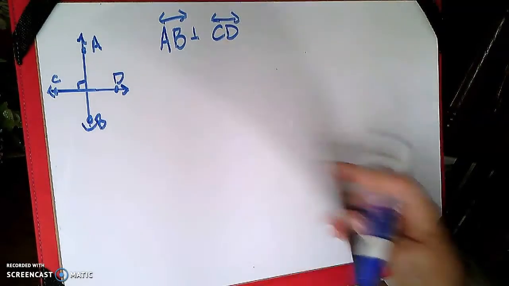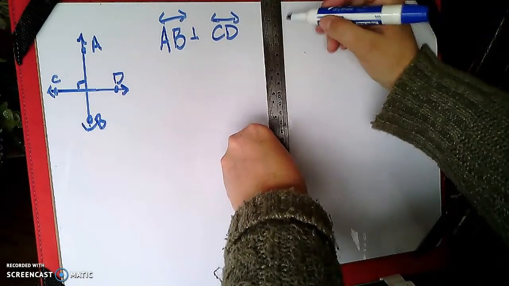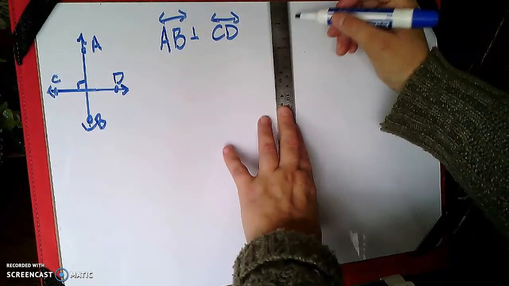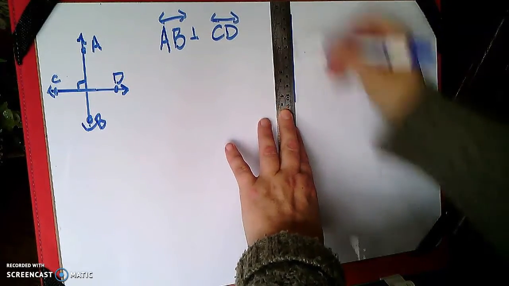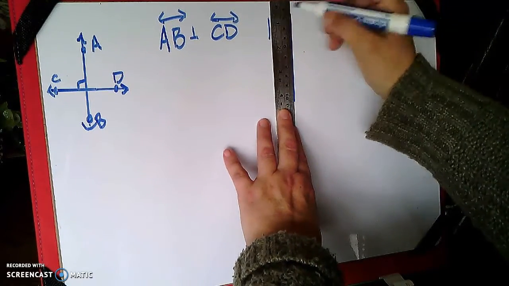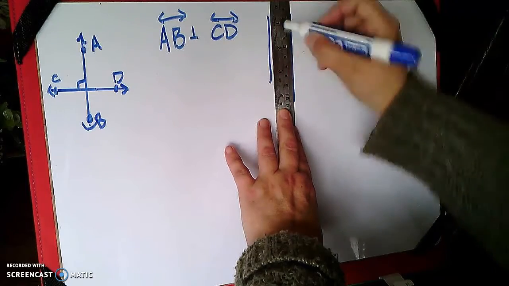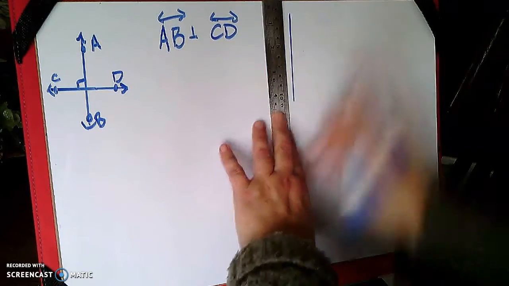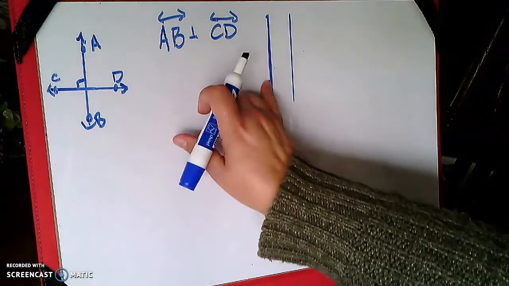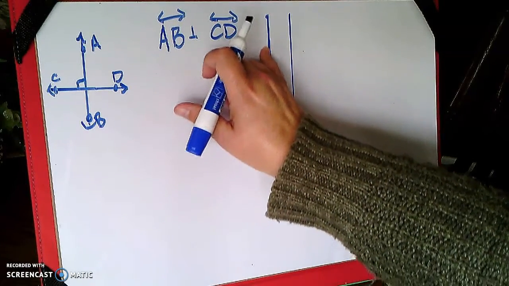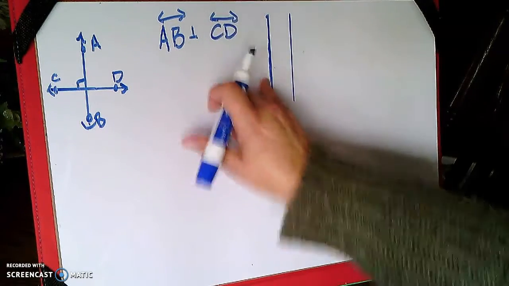And I'm just going to throw up a quick pair of parallel lines, and an easy way to make them is to take a straight edge and draw two lines on the opposite side without moving it, which you can see I moved it a little. So this line's thick and chunky.